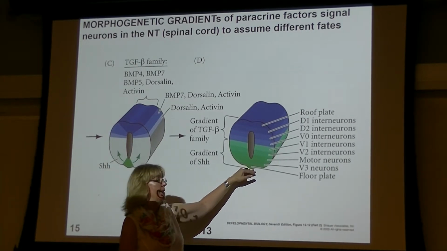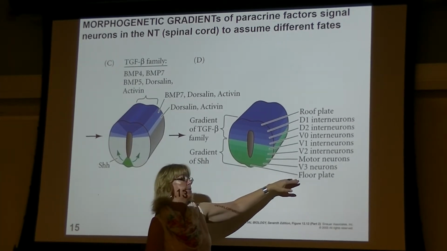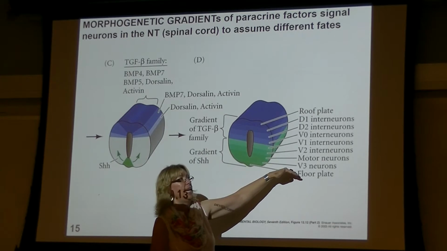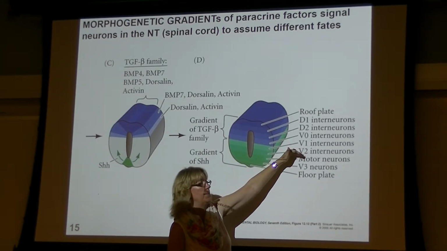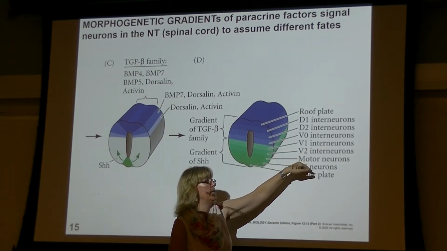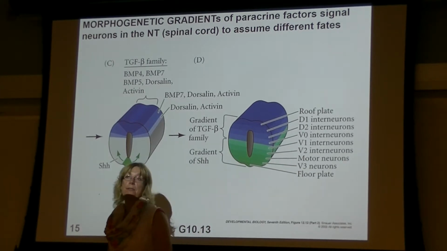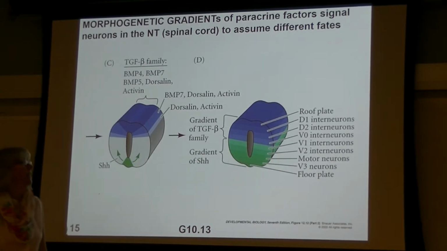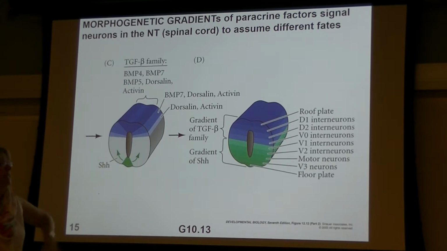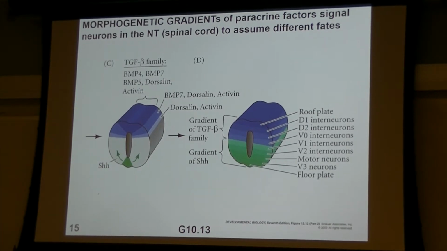The very high Sonic Hedgehog fates will become floor plate, and then as we taper off to a little bit less Sonic Hedgehog but slightly more BMPs, we get a variety of different neuron type cell fates, a unique type of fate corresponding to each particular territory as set up by these two opposing gradients.